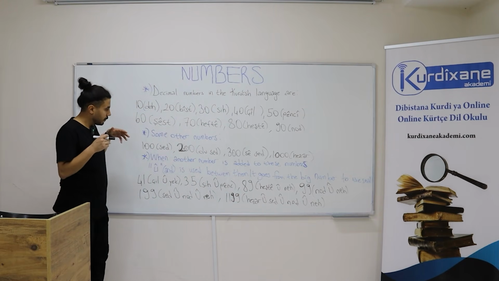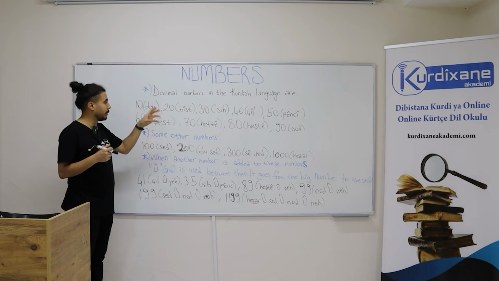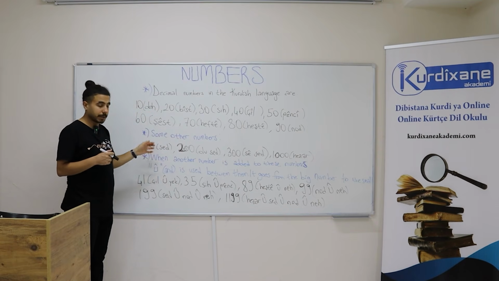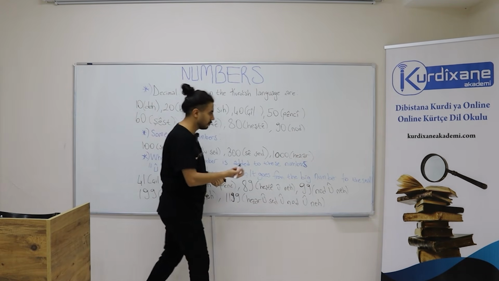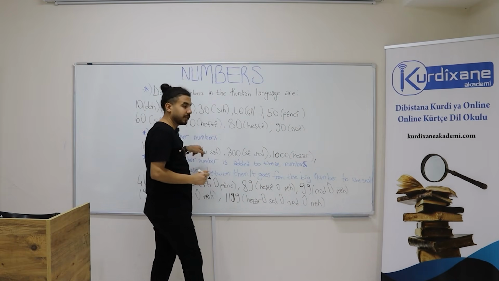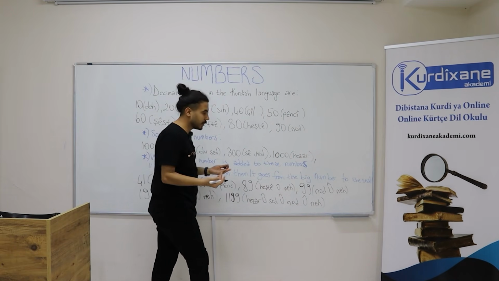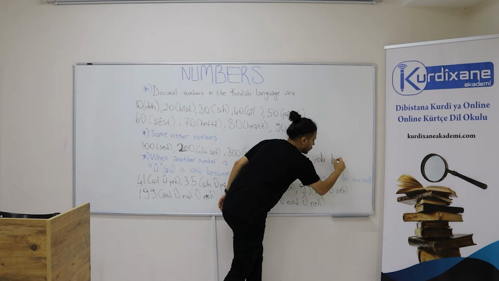So these are all of the numbers, as I've mentioned, from the digits to the decimal numbers, hundreds, thousand. By the way, I want to say this as well. It's exactly the same logic with the hundreds. To mean 2,000, you say duhazar.